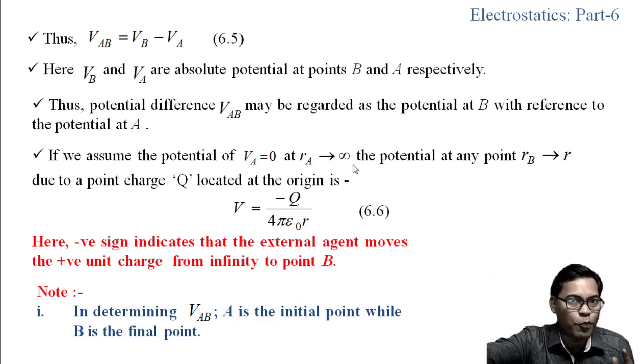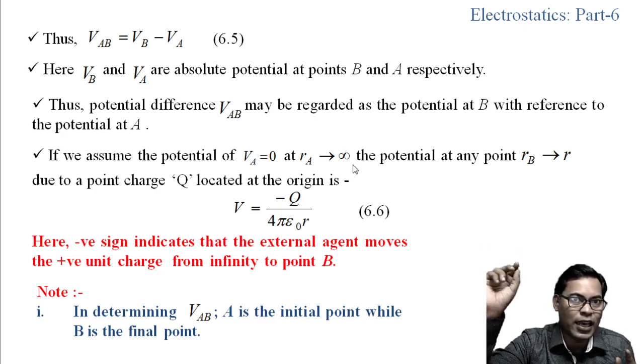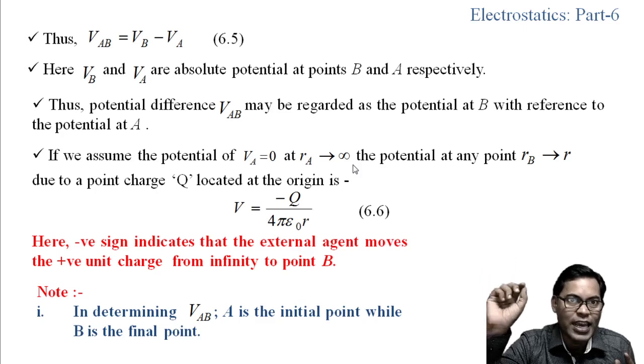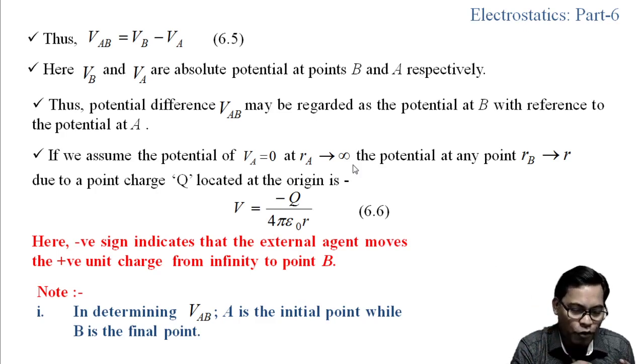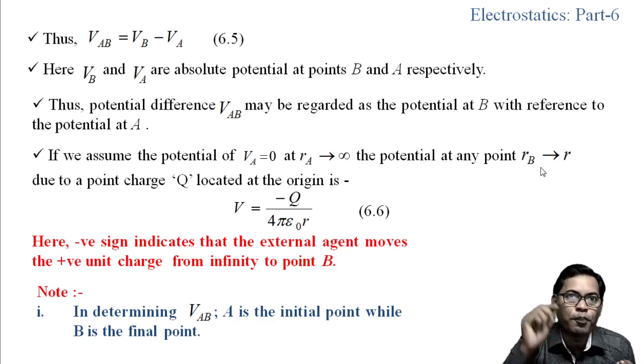So at the infinite point, if we consider the initial point, the potential there VA equals 0, and the final point B, where from the origin of the coordinate system the distance is RB or R, then the potential to move a plus q charge, or plus unit positive charge, from infinity to the point whose distance is R from the origin can be written as V equals Q by 4 pi epsilon naught R.